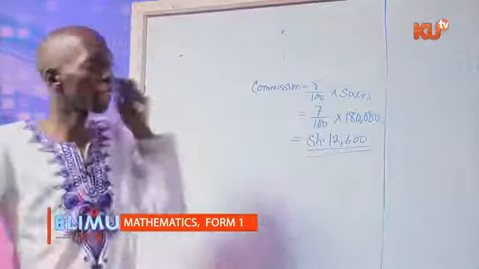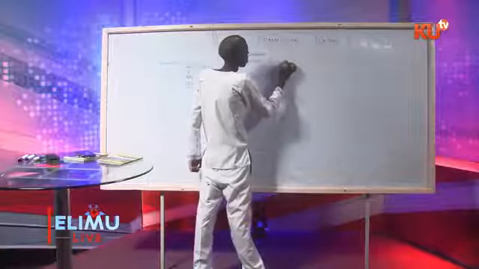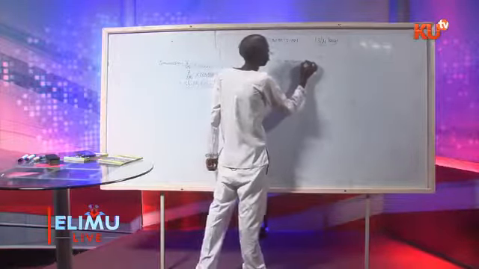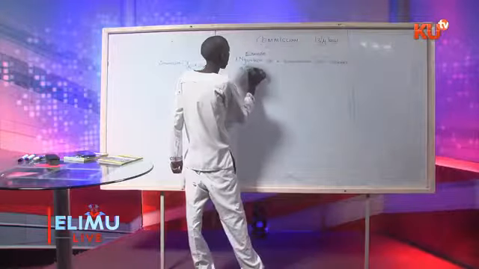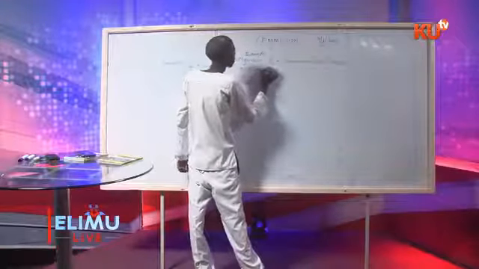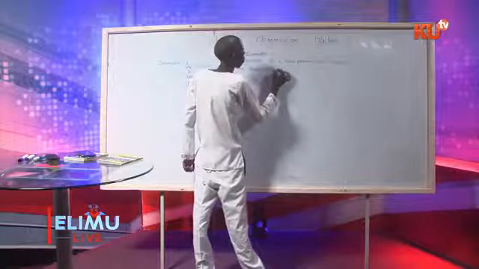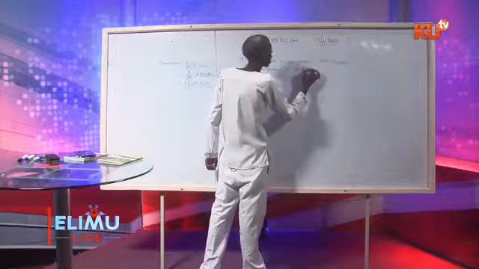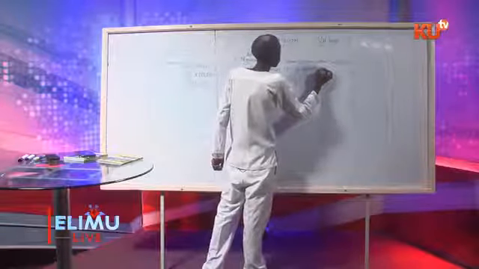Nyambura is a salesperson who receives a basic salary of 45,000 shillings per month.